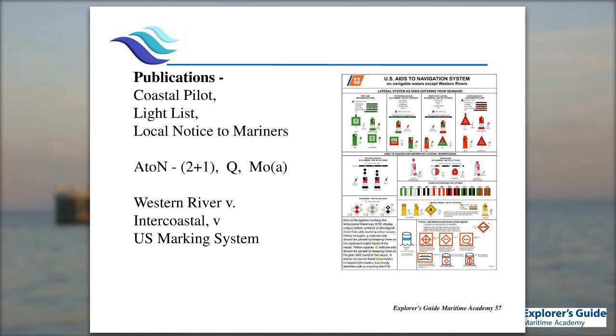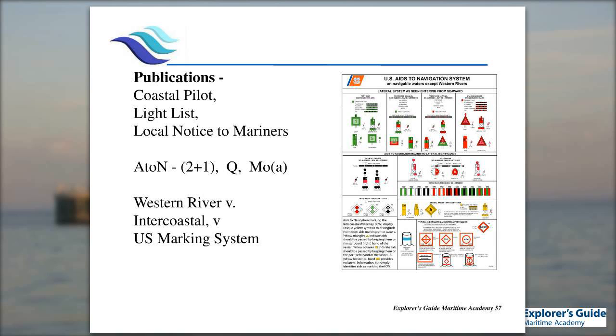Western rivers buoys are not numbered, and we use this right and left bank descending terminology. Intracoastal, basically we have our squares and our triangles that are colored yellow. So Intracoastal is marked by yellow. The U.S. marking system is all the other things we've talked about, being laterally significant.